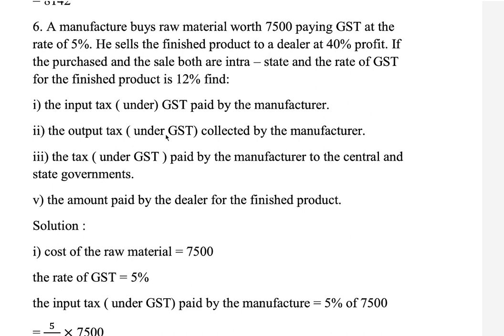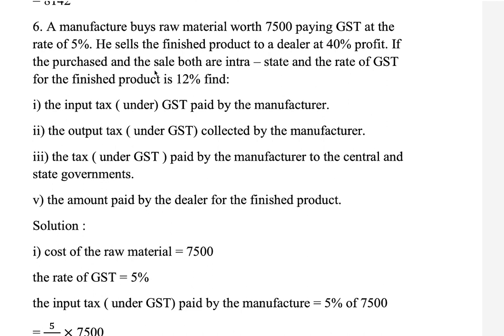A manufacturer buys raw materials worth rupees 7500 paying GST at the rate of 5%. He sells the finished product to a dealer at 40% profit.